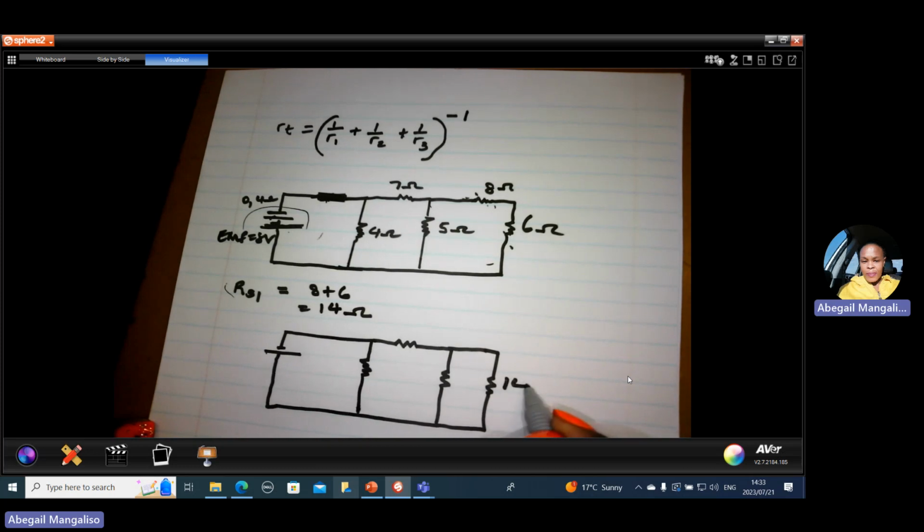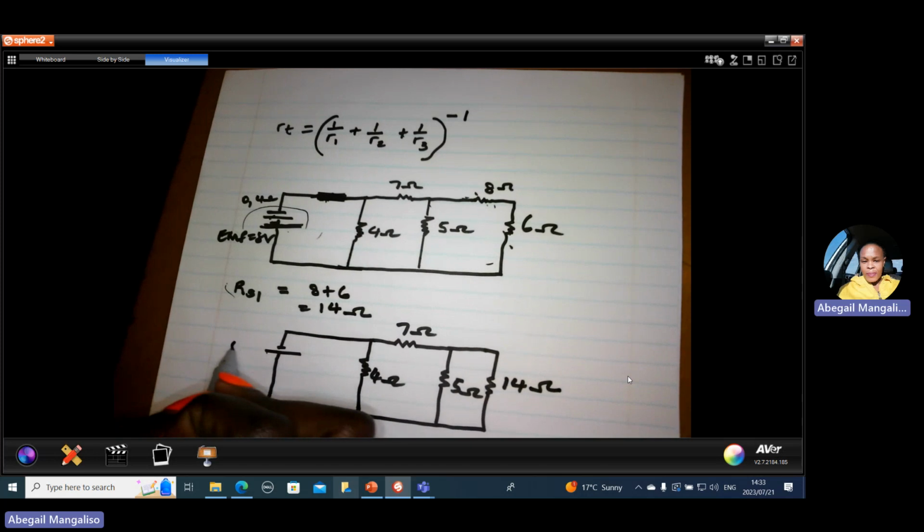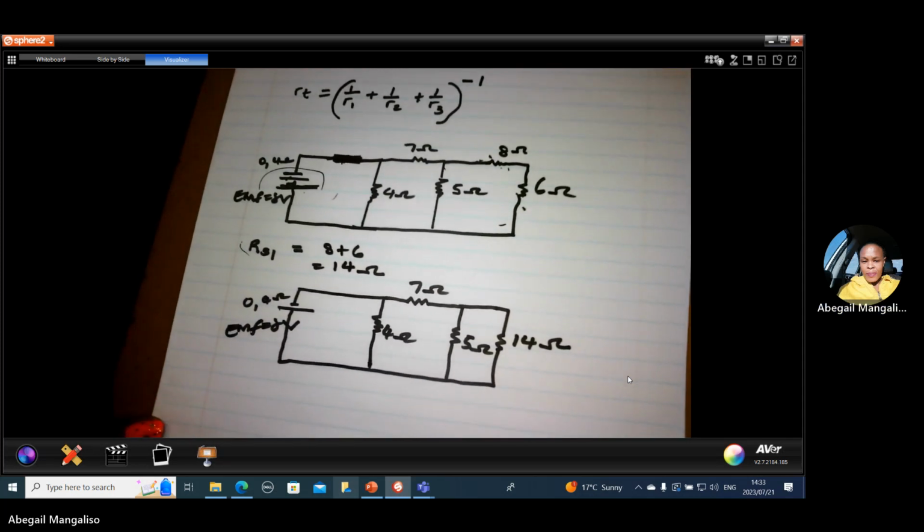This is 14 ohms, this is 5 ohms, 4 ohms, 7 ohms, 0.4 ohms, EMF equal to 8 volts. Far from the battery, we have this and this. They are connected in parallel.